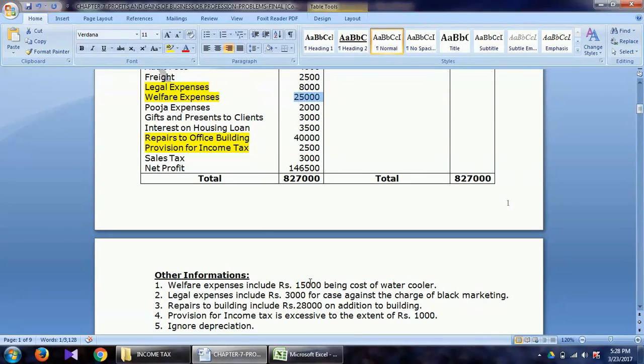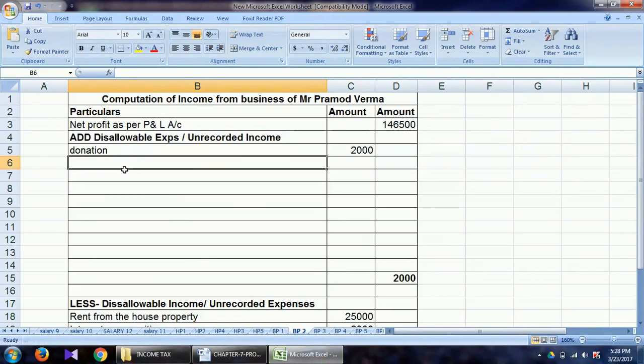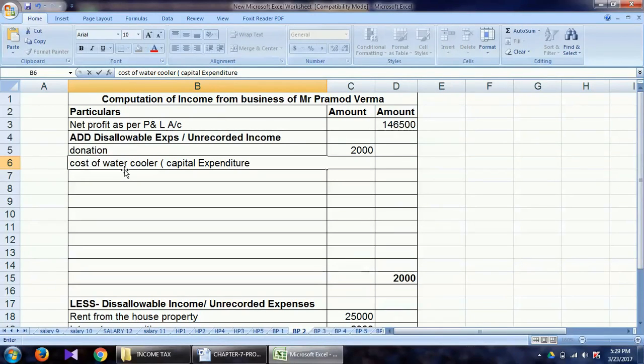So 15,000 of welfare expenses which relate to the water cooler shall be added back. I'll write it, cost of water cooler (capital expenditure), rupees 15,000.